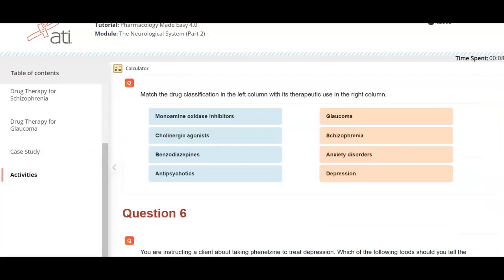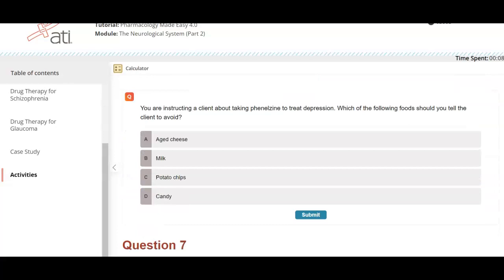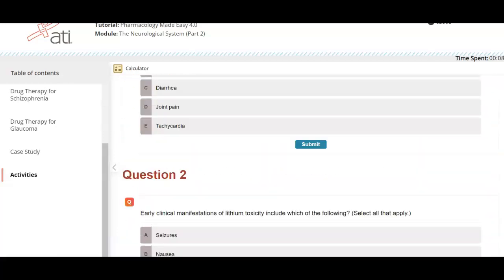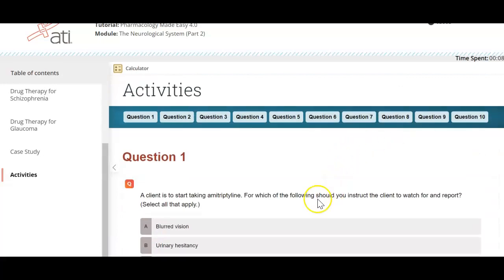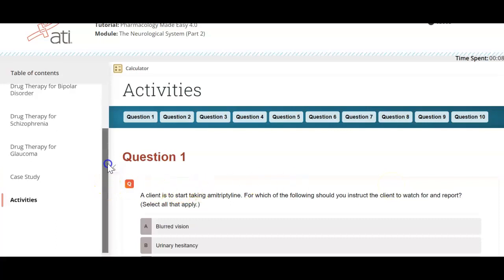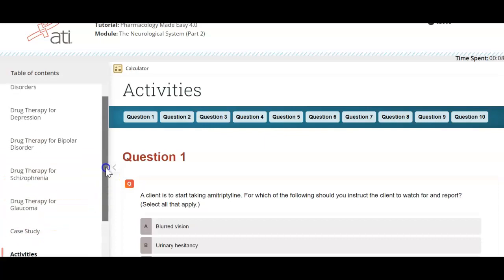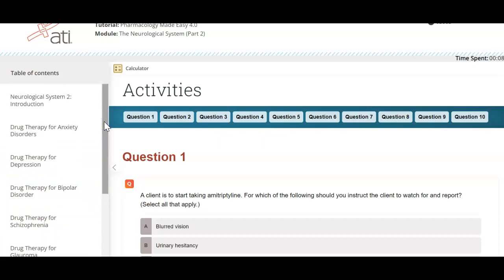So just let me know in these notes how you did on these practice questions, write some notes around the things that you got wrong, and review that. So we'll do that this week instead. Instead of doing the case study reflection, we're going to do an activities reflection. Okay, so let me know if you have any questions, concerns, feedback, anything that could be helpful to you. Please let me know.